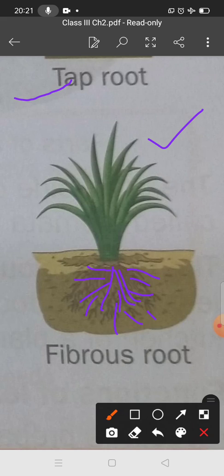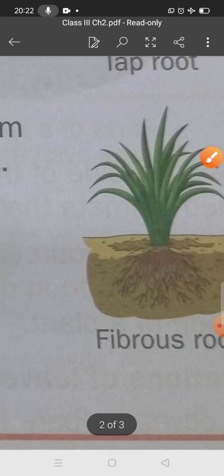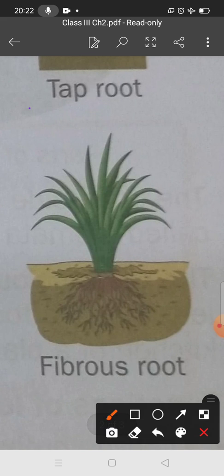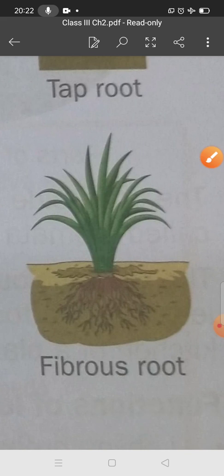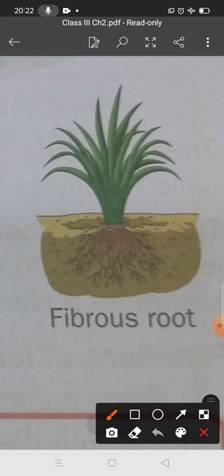In fibrous root, a number of thin roots grow from the end of the stem. So this is the fibrous root. You can see these are many roots like fibers.